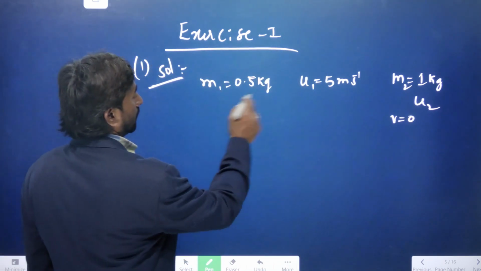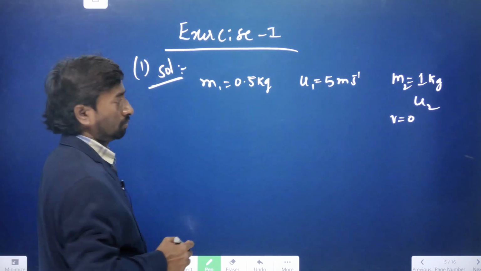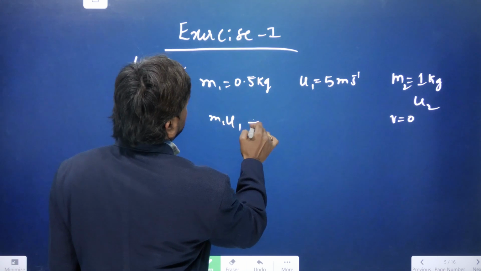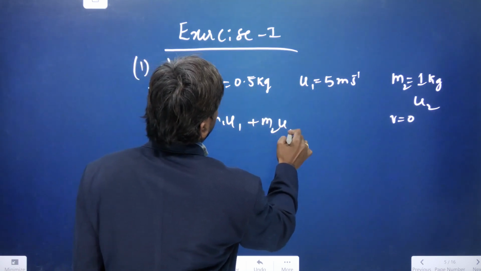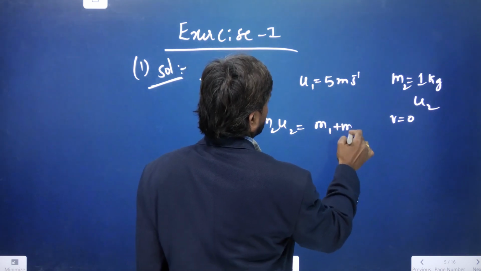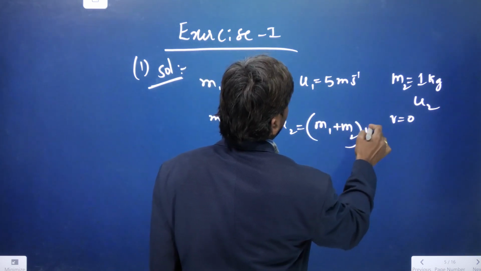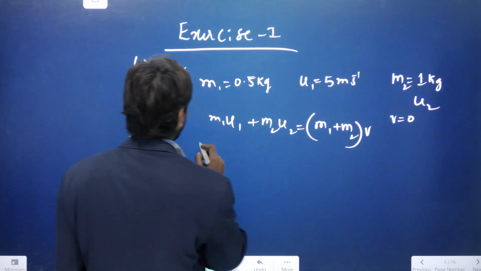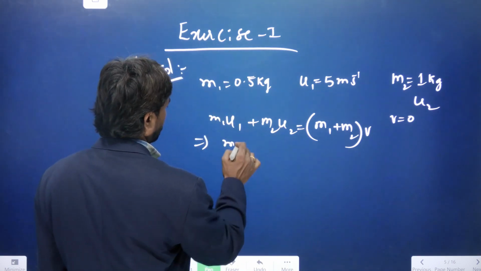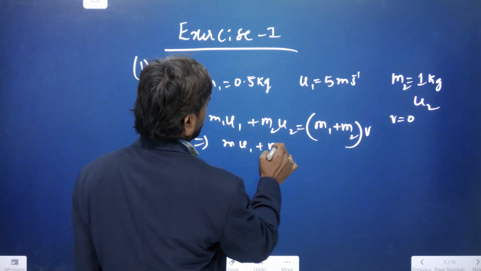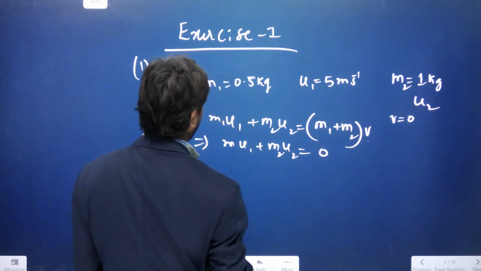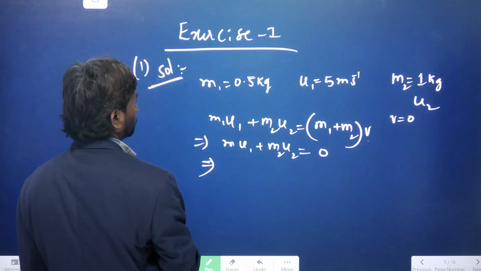Now what can we write here? According to the law of conservation of linear momentum, m1 u1 plus m2 u2 is equal to m1 plus m2 into v. Since v is 0, the right side becomes 0.